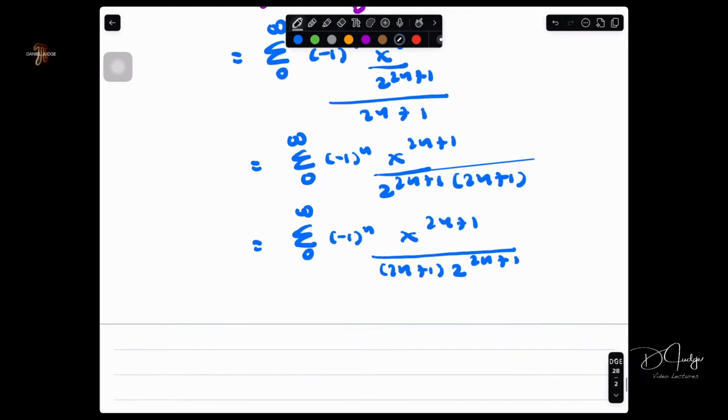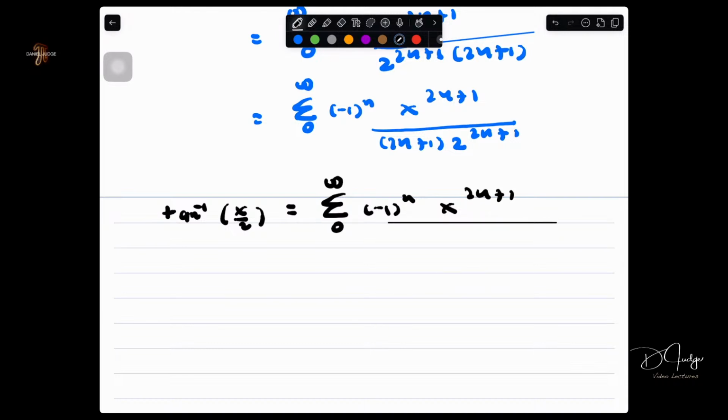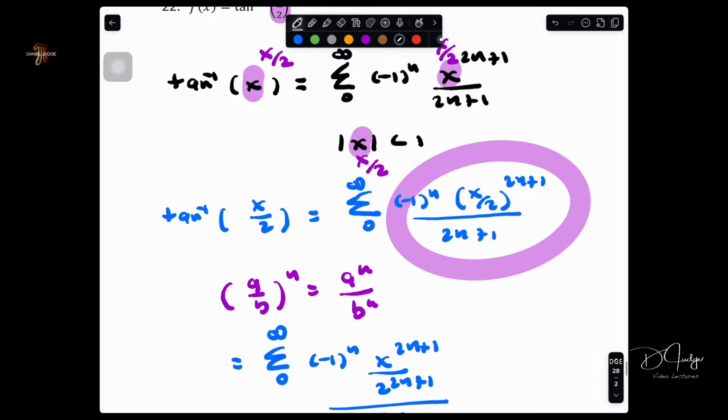So this is inverse tangent of x over 2, the sum from 0 to infinity, -1 to the n, x to the 2n plus 1 over 2n plus 1, 2 to the 2n plus 1. Now, this is good for the absolute value of x over 2 being less than 1 over here. This is our interval of convergence here.